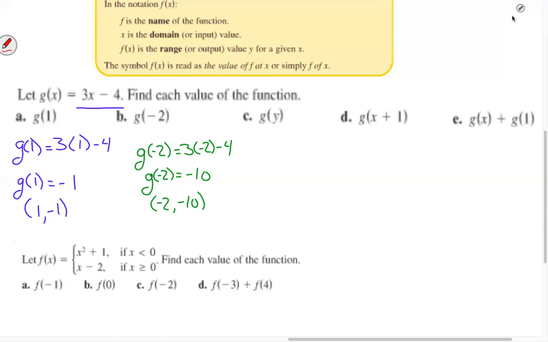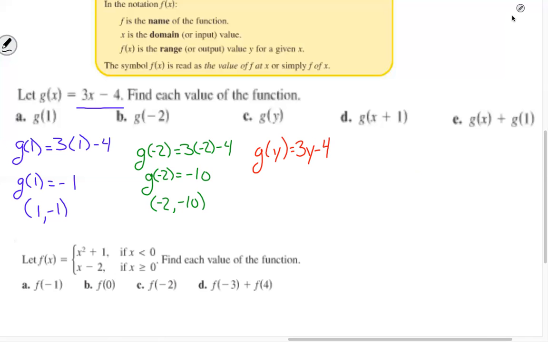Well, it's kind of weird, but I'm just going to take x and replace it with y. That's it. So g of y is just 3y minus 4. What does g of x plus 1 mean? Well, I'm just going to take x and replace it with x plus 1.